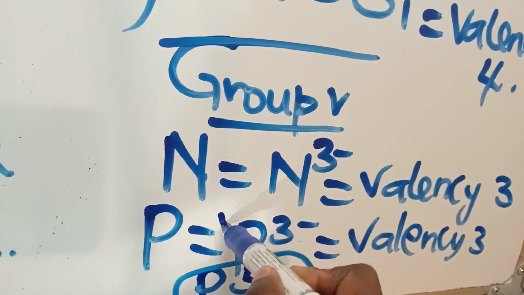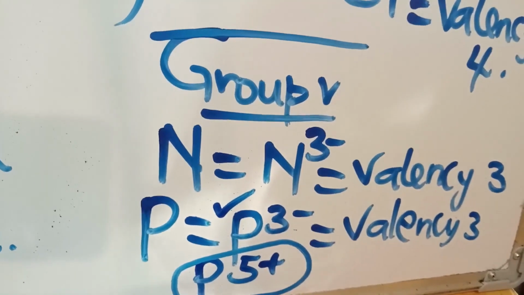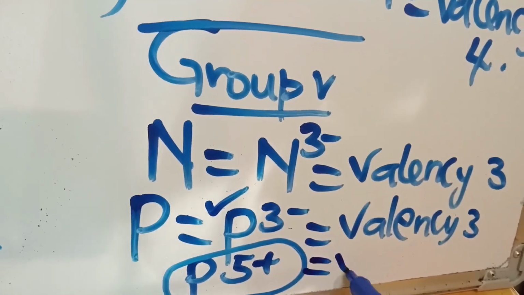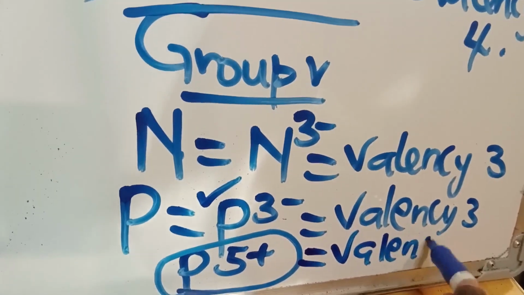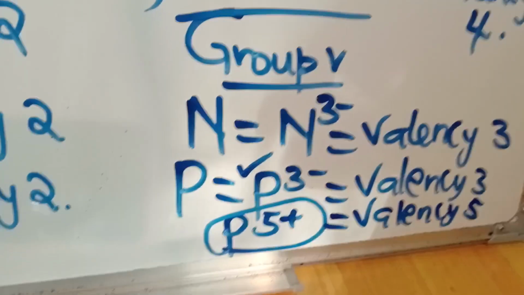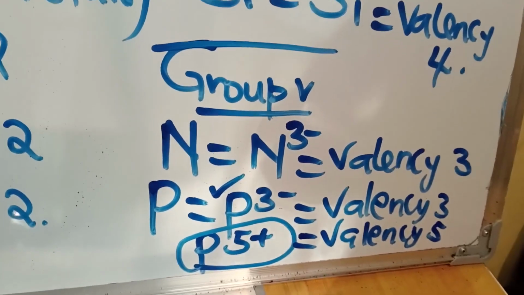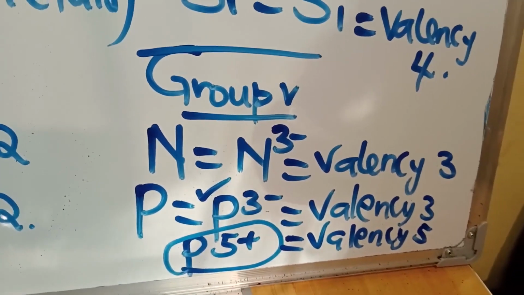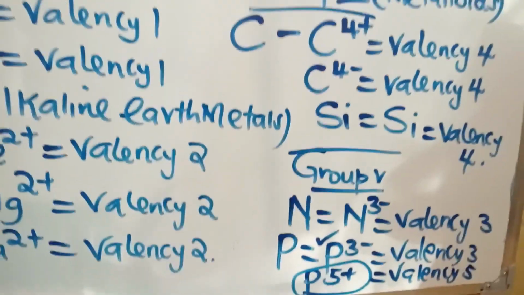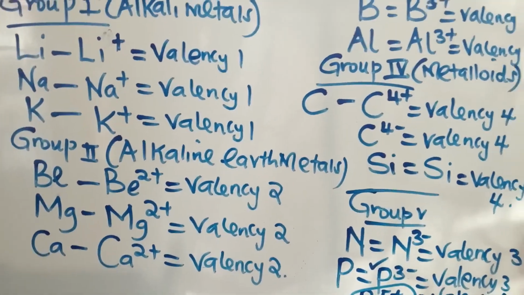The one that is stable is this one where it gains 3, but it can also lose, and by this time it is unstable, so this time it has valency 5. But the most common and the one that is stable is the phosphorus that has a valency of 3. So we continue with group 6, but before then make sure that you're writing good notes.